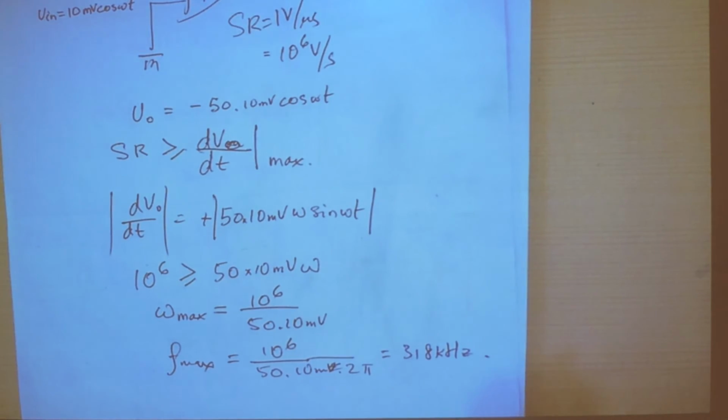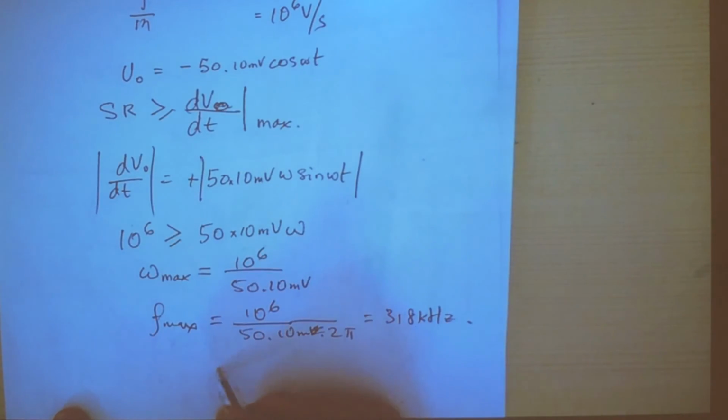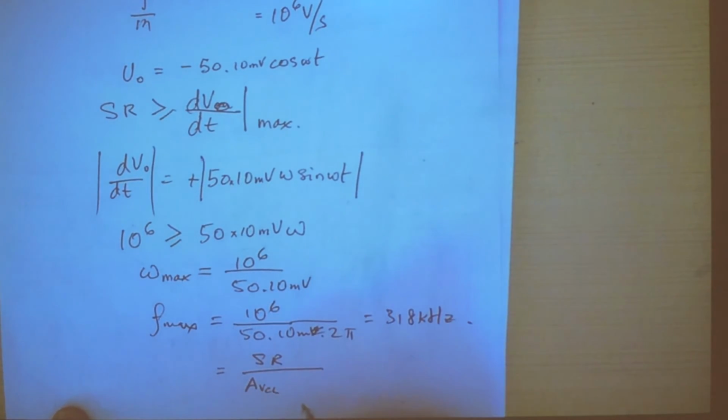Alright? And if we really want to see the formula, this formula is the slew rate divided by the closed loop gain, divided by the amplitude of the input signal times 2 pi.